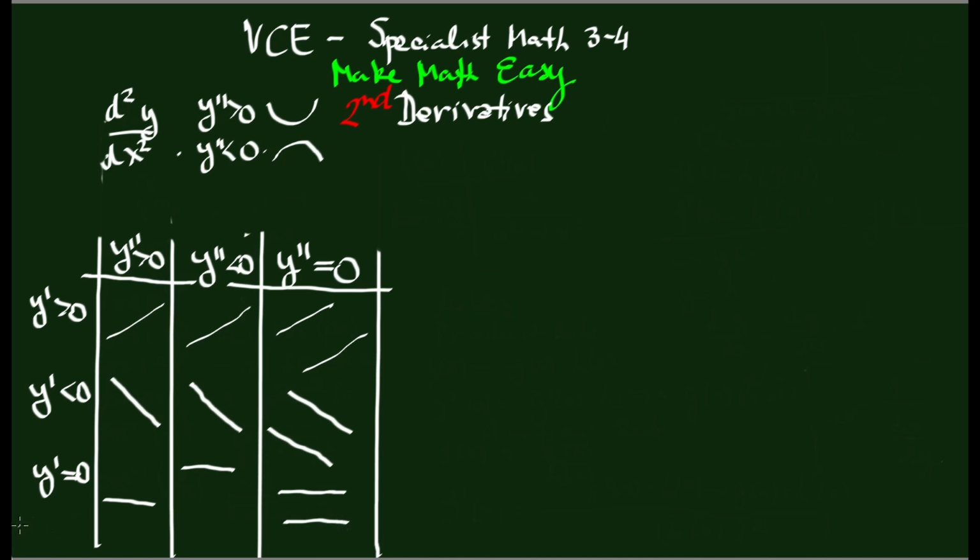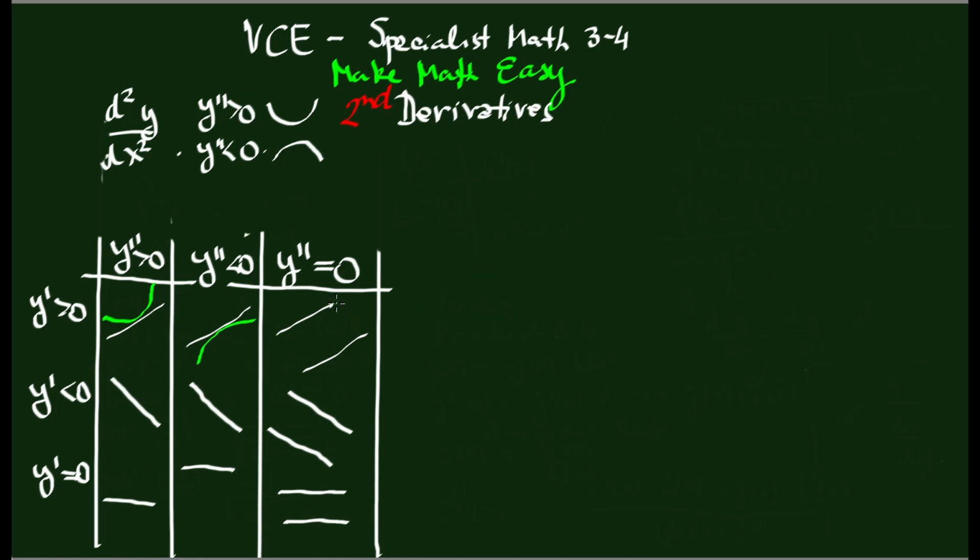So now let's draw the original function line. So concave up, first derivative is greater than 0. Concave down, and now the first derivative equals 0.